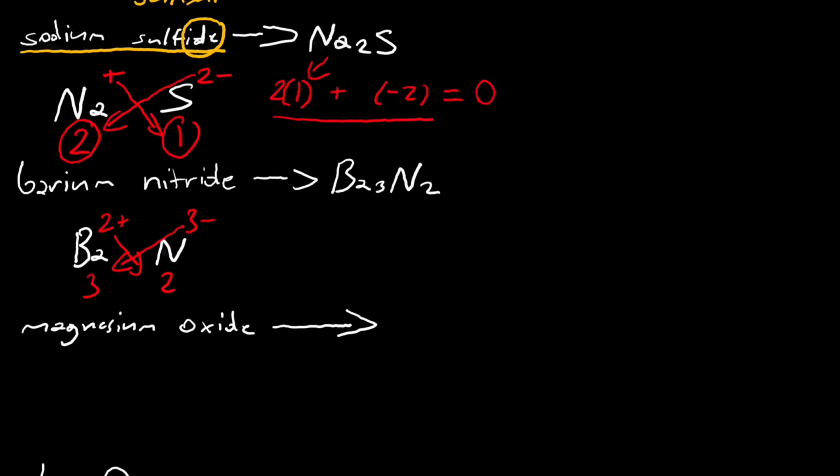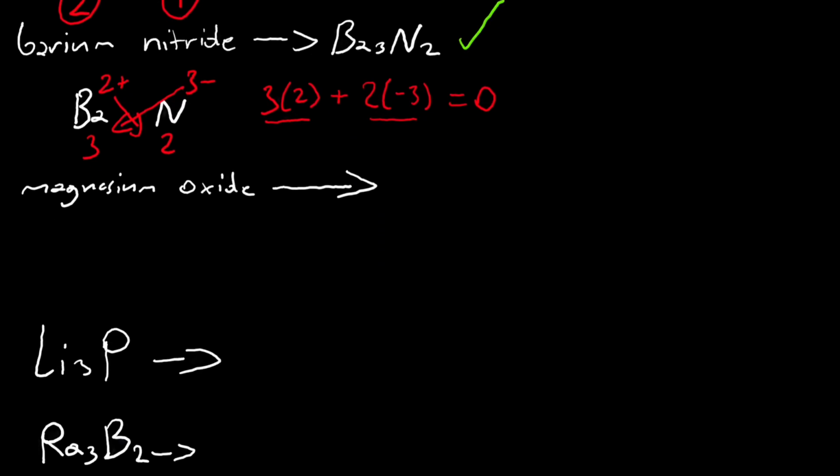Let's confirm using the zero-sum rule to see if this is balanced. We have 3 bariums, which each have a +2 charge, plus 2 nitrogens, which each have a -3 charge. 3 times 2 is 6, plus 2 times -3 is -6. Adding them together gives us 0, showing that we have done this correctly. And we can move on to the next question.